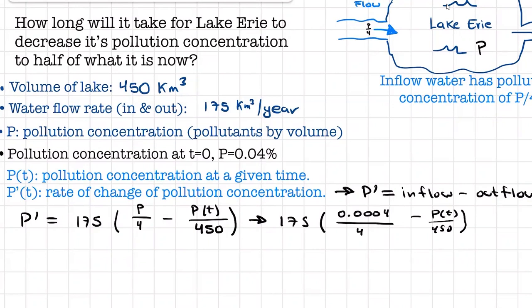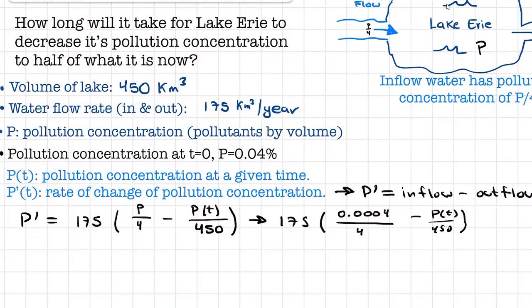You can see this is like the initial, the beginning, and this is the pollution at any given time. So we're basically solving for P(t), which is the amount of pollution, first to give us a differential equation that will solve this, and then we'll be solving for time. Kind of like the other application problem that we had.